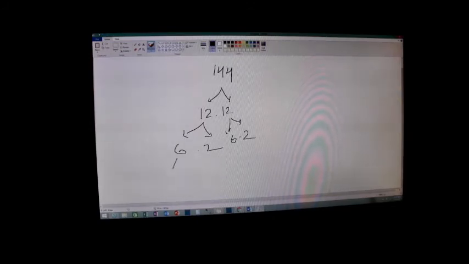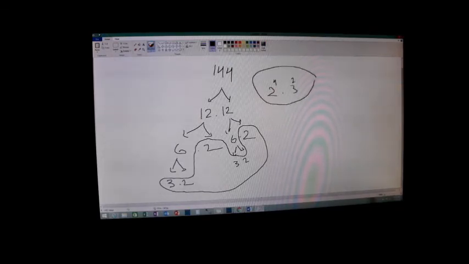What are two numbers that multiply to equal 6? 3 times 2 equals 6. That's the answer, because they're all prime. Now we have to write it in a shorter way. In a shorter way, we'll write 2 to the 4th power times 3 squared. That's the answer.